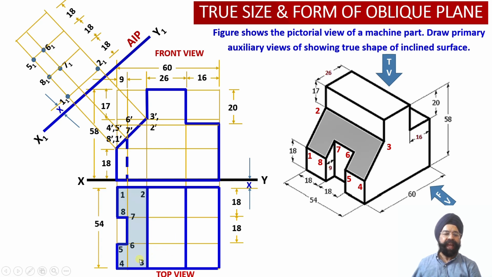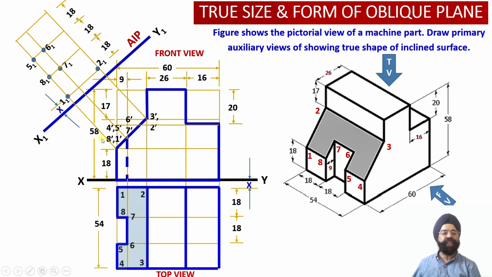And finally, as we reach this particular end, as we move still further by another 18 millimeter, that is x plus 54 millimeter, once we reach this end of the solid, the points 4 and 3 will be located. So let us work out the origin points corresponding to the projectors for these 2 points 4 and 3. Here is the location of the point 4 dash.